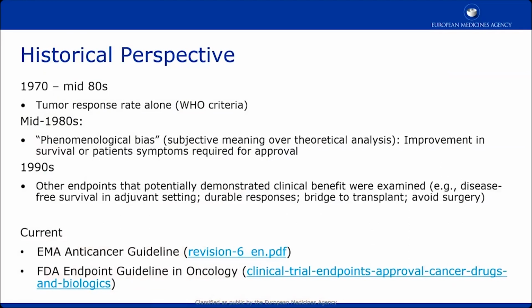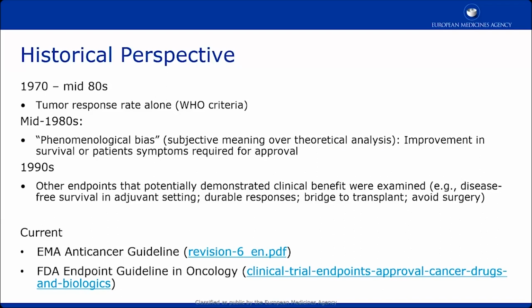If we take a historical perspective, in the 70s and 80s, apparently the WHO criteria and tumor response rate alone was used. We are talking at a time where the development was mainly non-commercial, and really there were no drugs available. So the borderline between experimental and confirmatory trial was kind of blurred.